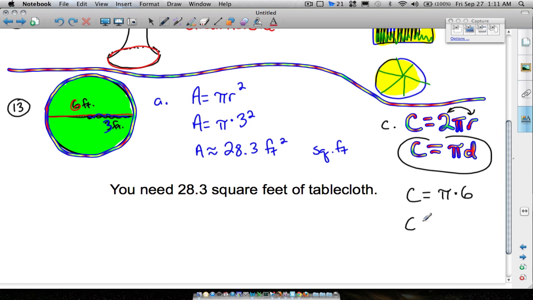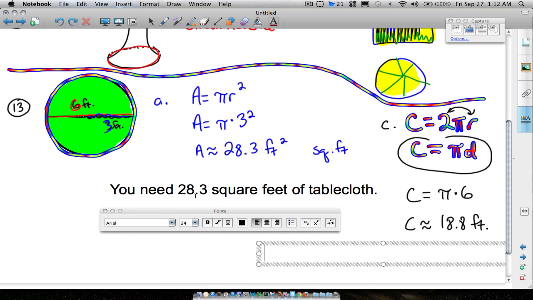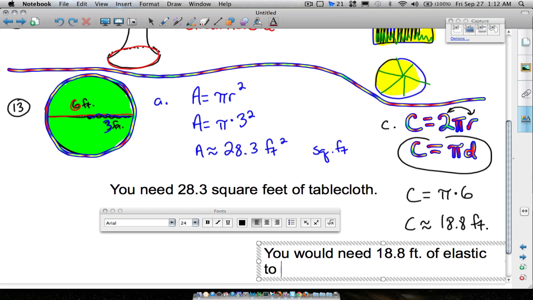So the circumference is approximately 18.8 feet. Now we don't put that in square feet because we're not talking about area. So therefore the answer to question C would be, let's just say we would need 18.8 feet of elastic.